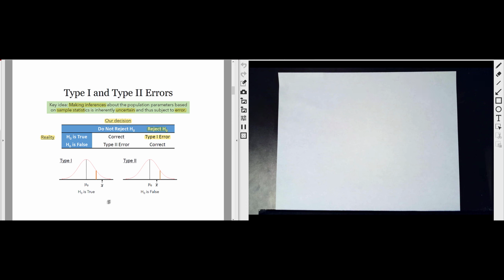But there's another kind of error that can occur. If the null hypothesis is false, and we fail to reject that null hypothesis, that's another kind of error that's referred to as a type 2 error. Okay, so here we're doing a hypothesis testing.